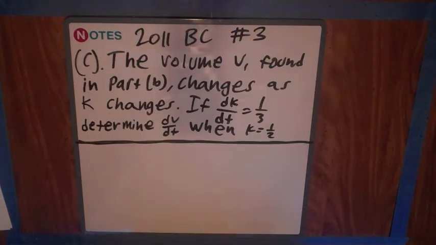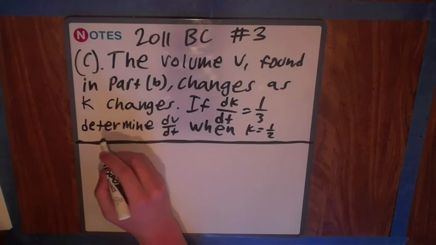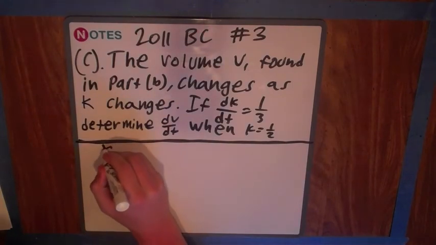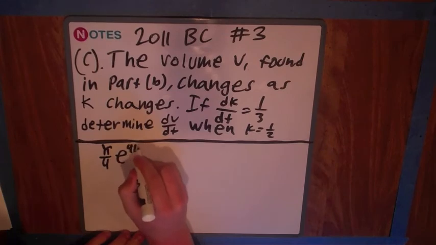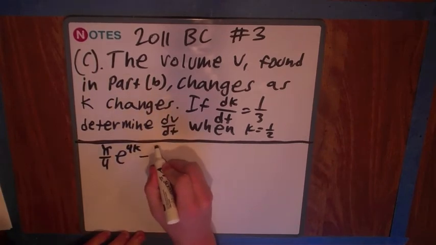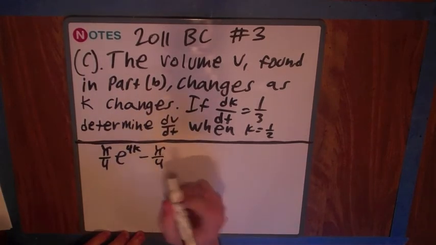Part C. The volume V found in Part B changes as k changes. If dk/dt equals 1/3, determine dV/dt when k equals 1/2. So for this part, we're going to need to look back to Part B, using the function that we determined in terms of k, which was pi over 4 e to the 4k minus pi over 4.